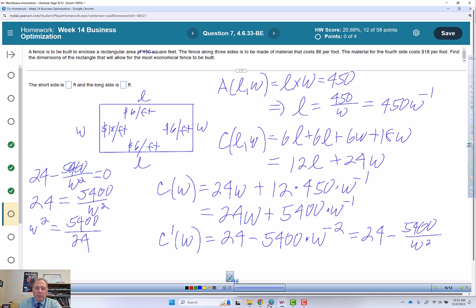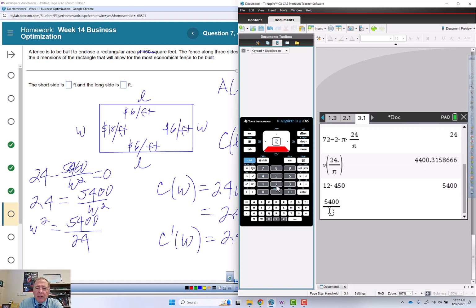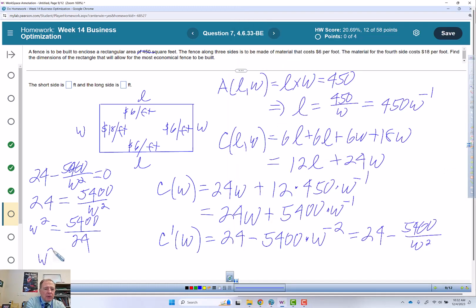And I'm not able to do that in my head, so we're going to go to the calculator. 5,400 divided by 24 is 225. So W squared equals 225. So W equals plus or minus the square root of 225, which is not 25, but 15.